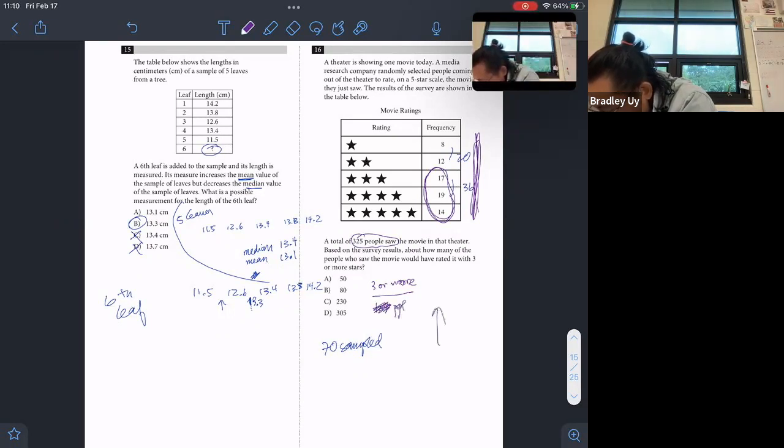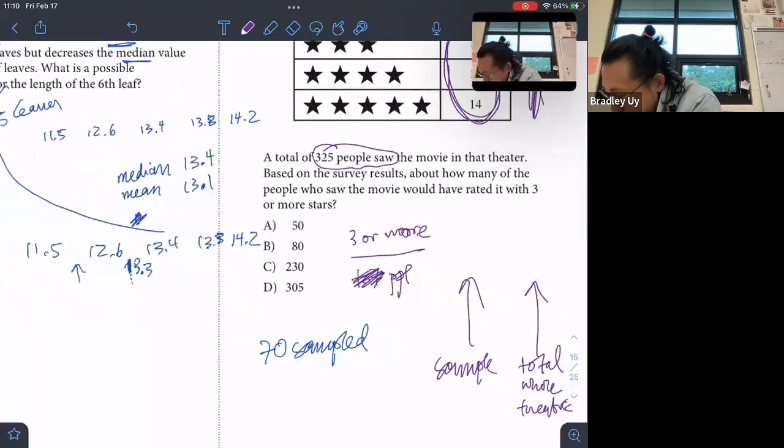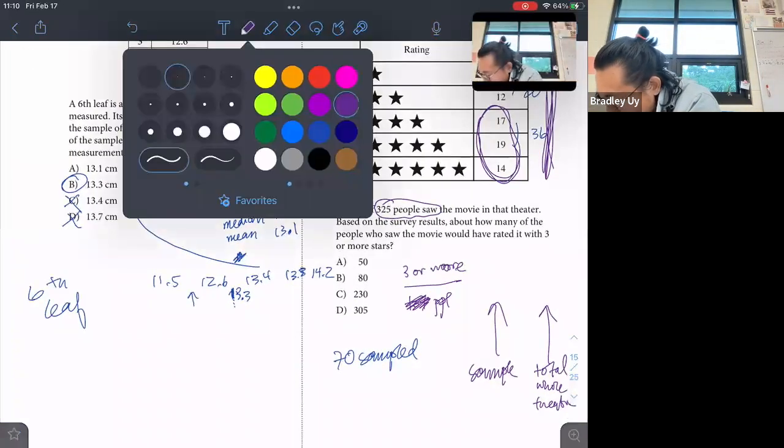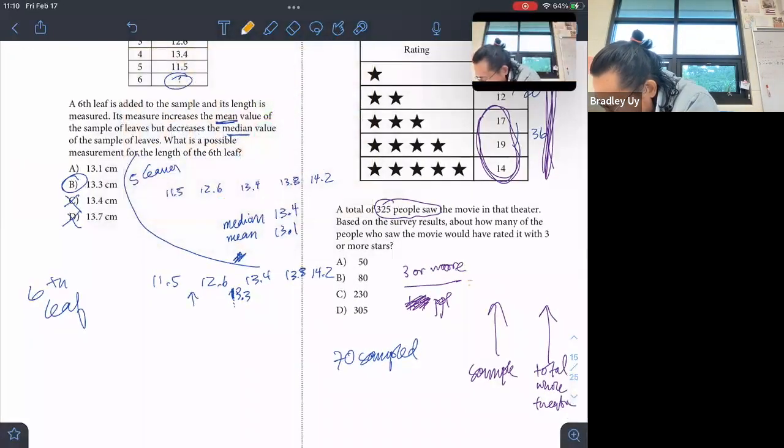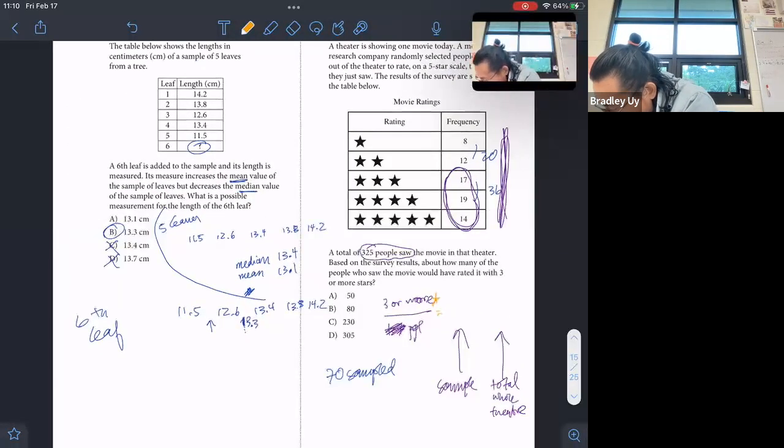In this column, we're gonna write the sample, and in this column, we're gonna write the total. Whole theater. And we're just gonna build a proportion again. Like I said, proportions are super important for this section. And so here, 3 or more stars. In the sample, there were 36 out of 70 people.